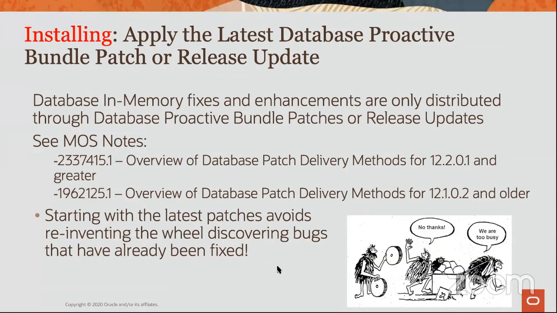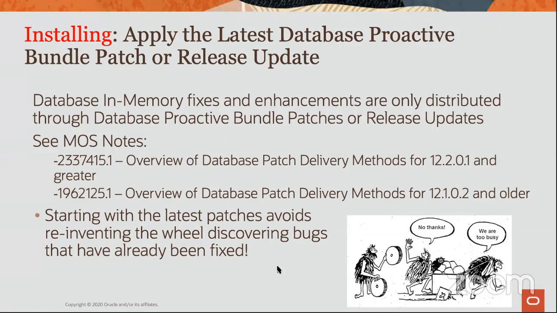If you are in an older release like that, we strongly recommend that you switch over to Database Proactive Bundle Patches, because PSUs or CPUs, and again, this is getting kind of old, but since we're now on the Release Updates, or RUs, we only deliver fixes and changes for Database In-Memory through either the Database Proactive Bundle Patches or Release Updates.